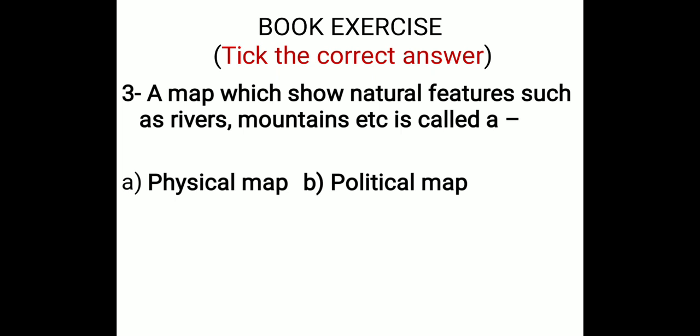Tell me, students, what is it called, physical map or political map? And the answer is physical map. On the physical map only we show the natural features of a country like rivers, mountains, hills. So these are located on a physical map.